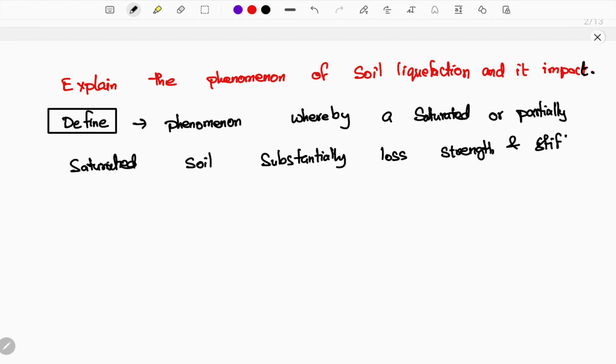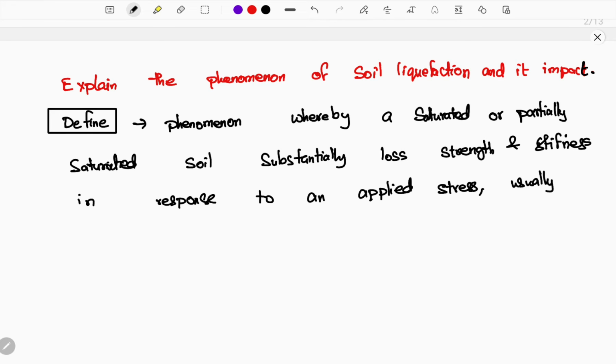Why does that change happen? Because in response to an applied stress, some force is externally applied, so that is why the soil loses its strength.